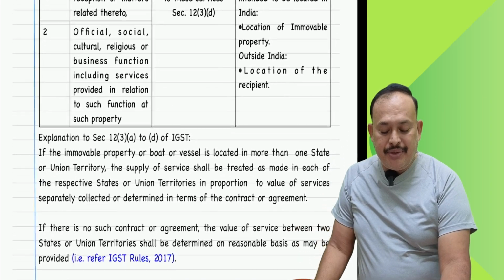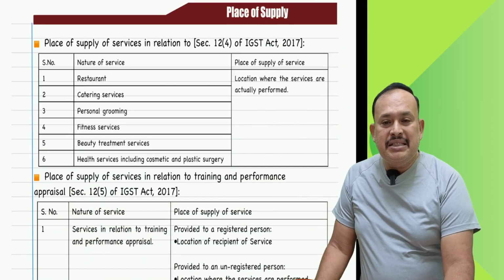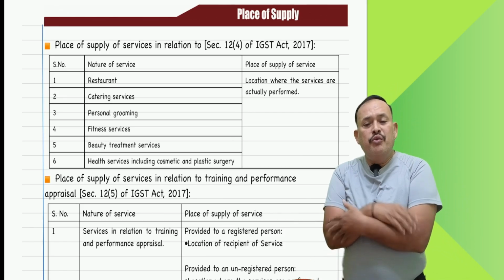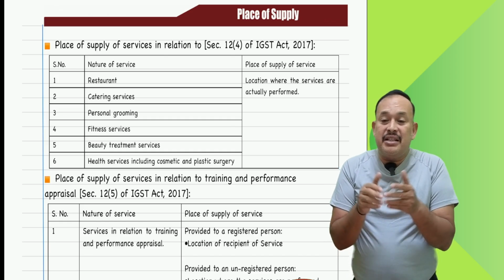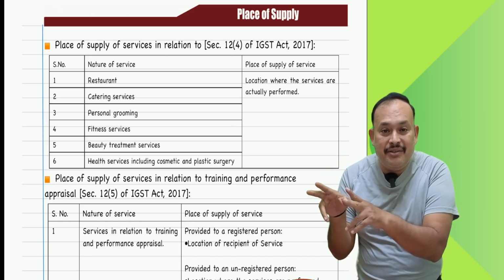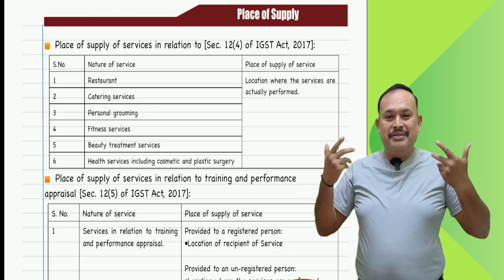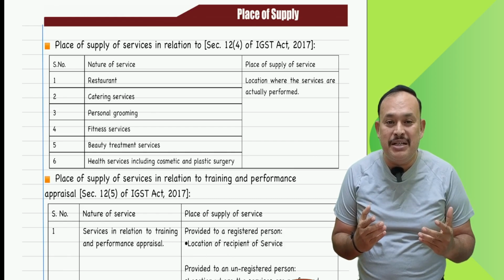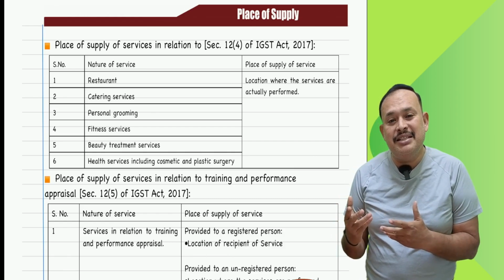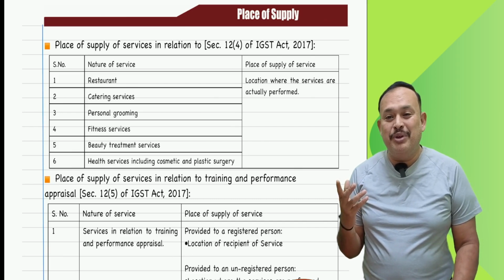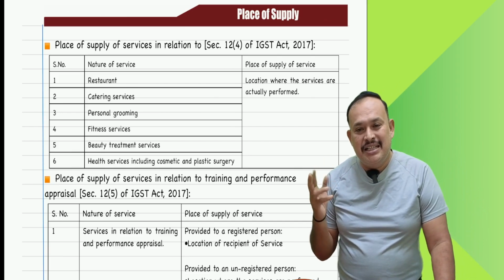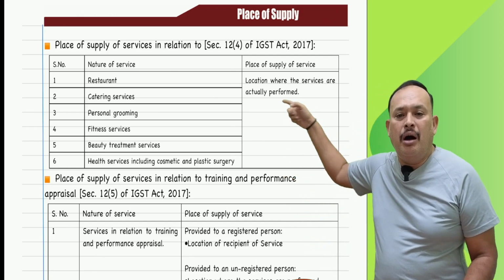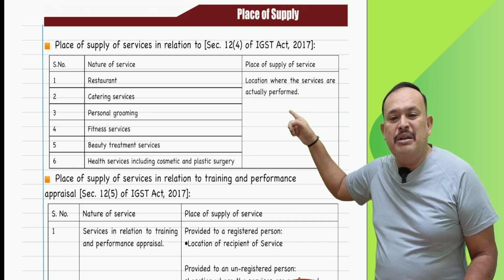Further, my dear friends, referring to section 12, subsection 4 of IGST, which talks about restaurant services, catering services, personal grooming services, fitness services, beauty treatment services, health services, including cosmetic and plastic surgery services. Section 12, subsection 4 says that the place of supply is where the performance is actually performed.